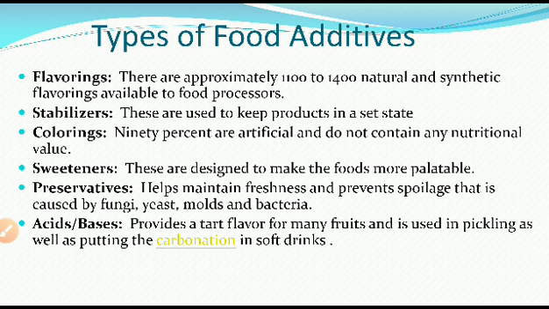Coloring: there are different artificial coloring agents. Sweeteners are designed to make the food more palatable. Next is preservative, used to prevent spoilage of the food from fungi, bacteria, molds, etc. Acids and bases are also used in pickling as well as in putting carbonation in soft drinks.